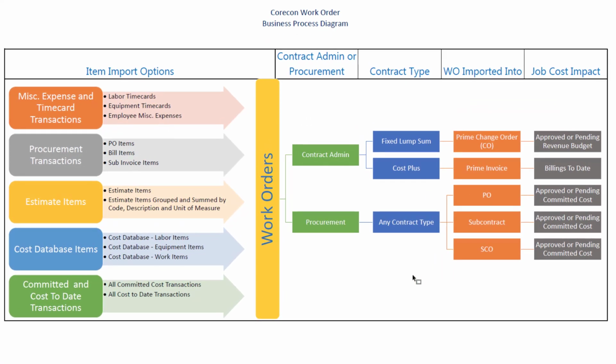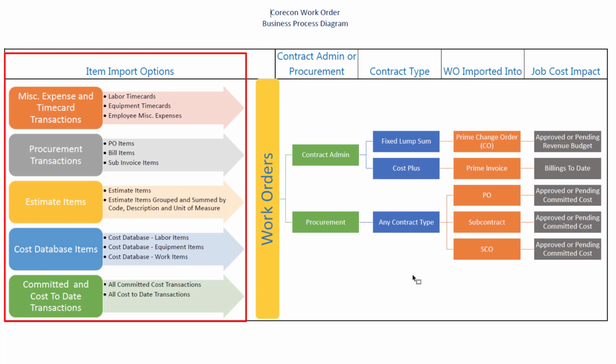The source of work order line item details can come from a variety of sources. As mentioned, miscellaneous expenses and time card transactions can be tagged to a work order number. Also, from procurement, purchase orders, bills, and sub-invoice items all have the ability to be tagged to a work order number.